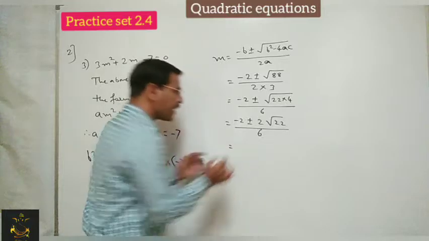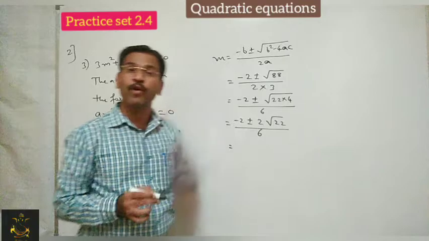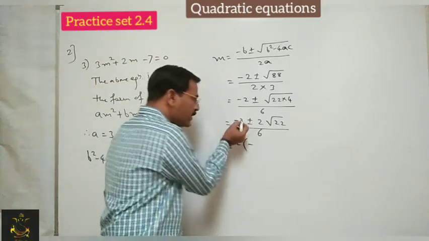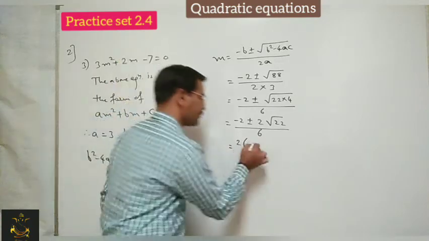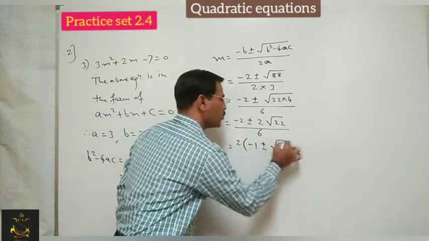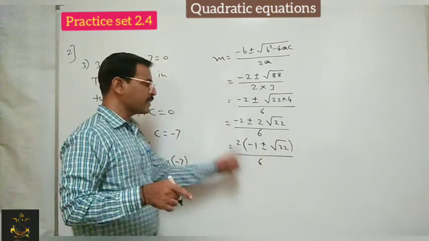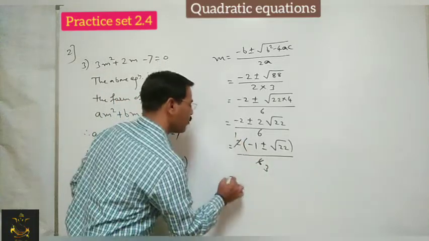When can we cancel? I'll take 2 common from the numerator because the numerator has a binomial. I'll take 2 common. What remains? Minus, we'll take the whole 2 common, nothing is there, always 1 should be there, plus or minus root 22 upon 6. Understand? Now it is cancelable. 2 ones are 2, 2 threes are 6. What remains?